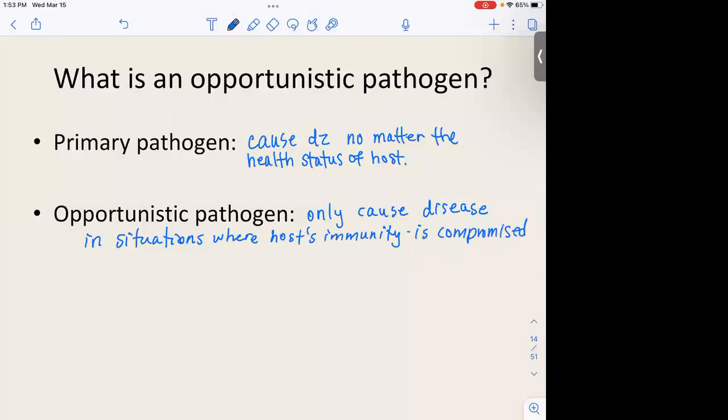Okay, so an opportunistic pathogen is only going to cause disease under a certain set of circumstances. So what are some examples? Say the host is pregnant. Okay, pregnant women have a little bit lowered immunity. That has something to do with our immune system not attacking the developing fetus. That's why pregnant women were encouraged to get their COVID shot, because they were a little bit more susceptible to COVID. Burn victims.